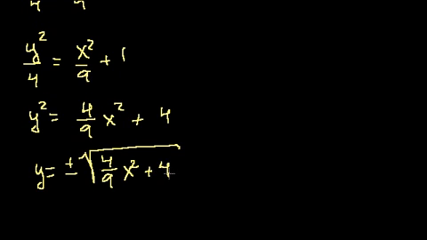And you can't really simplify this anymore, but we can think about what this approaches as x approaches positive or negative infinity. As x approaches plus or minus infinity, what does this roughly equal? What does the graph get a lot closer to?